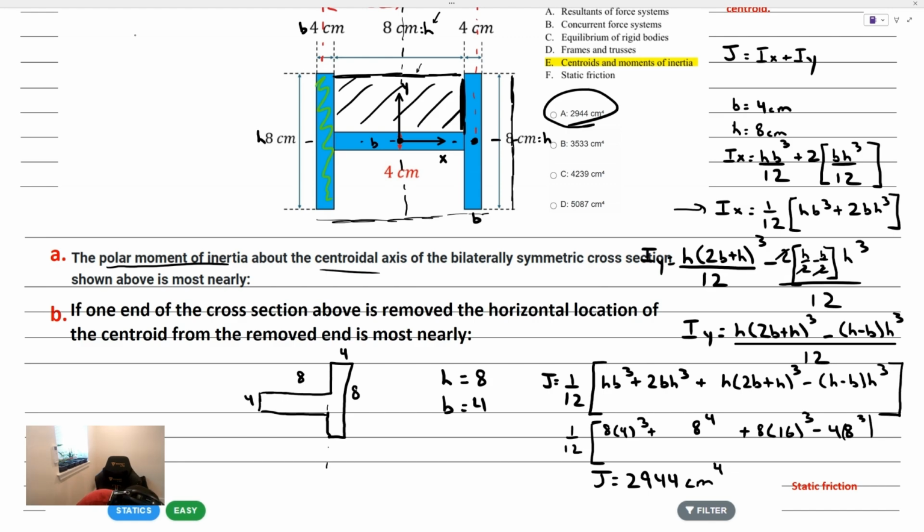So what's interesting is that the area above and below this point where the T comes together is equal, right? But remember that what's special about the centroid is that to the left and right of the centroidal axis, the moment of area must balance, not the area, right?